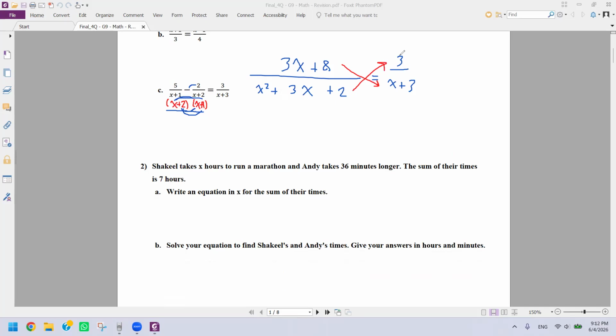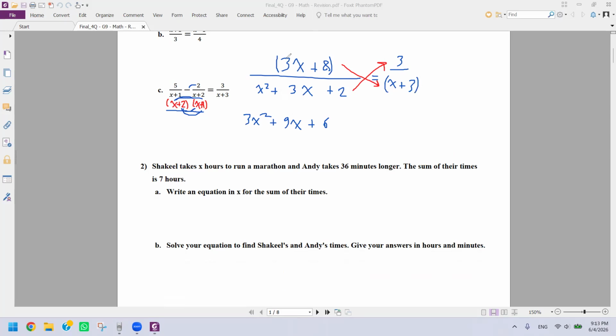Let me first multiply 3 by that quadratic expression. So 3x squared plus 9x plus 6. So we multiply 3 by this. Now (3x plus 8) times (x plus 3). How would I multiply those? These two are in brackets.